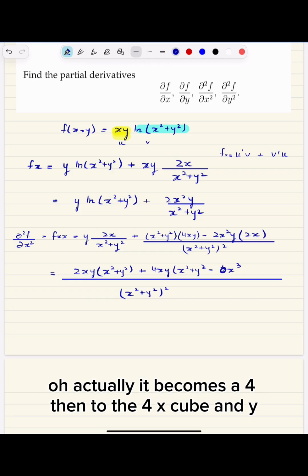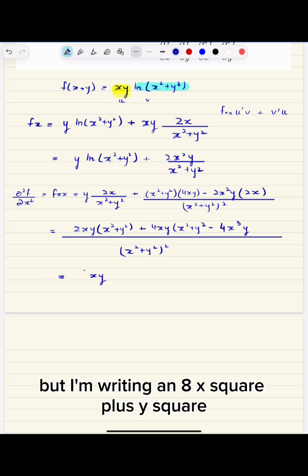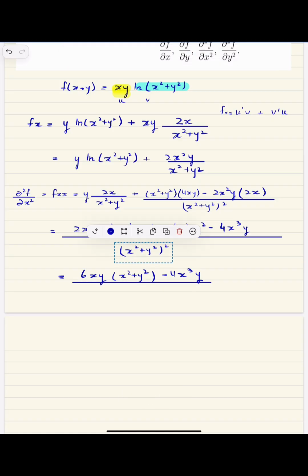Oh, actually it becomes a 4 then, so 4x³y. So this becomes 6xy. I'm saying 6, but I'm writing an 8. (x² + y²) minus 4x³y over this.